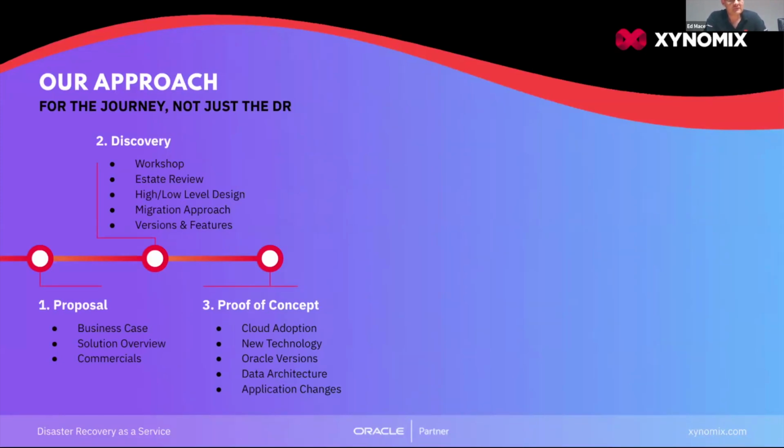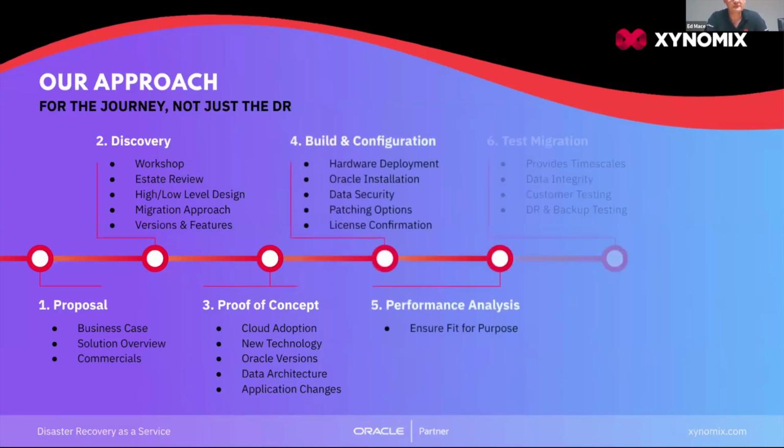We've then got proof of concept. So if you haven't adopted any cloud-based deployments as of yet, or for that matter 23AI, then obviously creating that POC might be a really integral component to ensure that obviously it's going to work for your application and your environment. Build and configure, performance analysis through our own monitor.